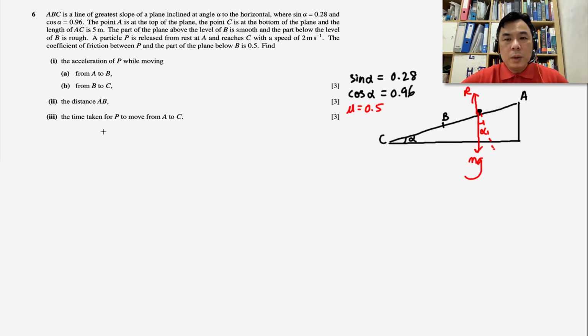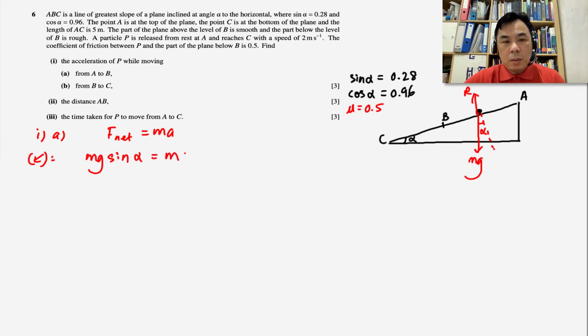We need the component of the gravity, the weight, along the slope. By using Newton's second law, F equals ma, we are interested to find its acceleration, which is a. The resultant force acting on the particle along the slope is mg sine alpha. There's no other force acting along the slope. I'm not talking about the force perpendicular to the slope here.